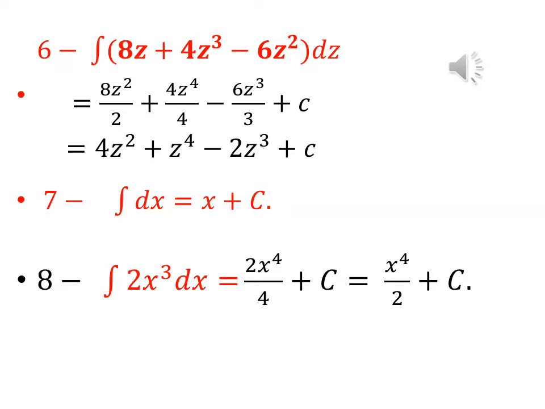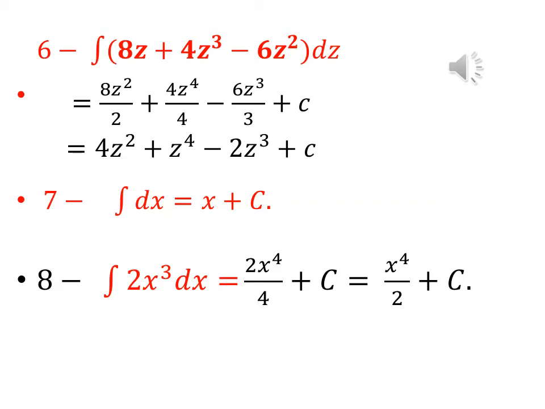Integrate term by term. 8z integrates to 8z power 2 over 2. 4z power 3 is 4z power 4 over 4, minus 6z power 2 is 6z power 3 over 3, plus c. Take care, our variable here is z, not x. Simplify: 4z power 2 plus z power 4 minus 2z power 3 plus c.